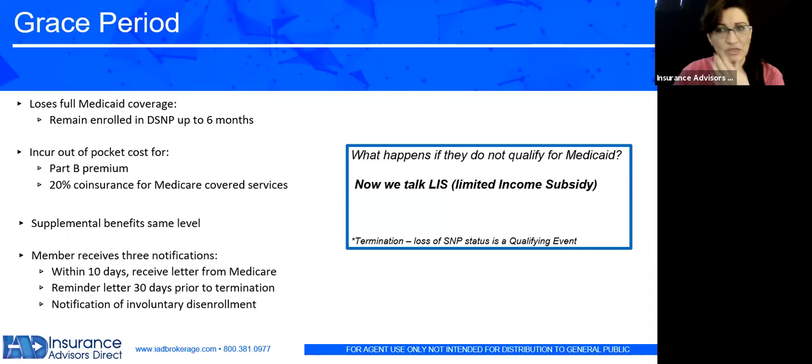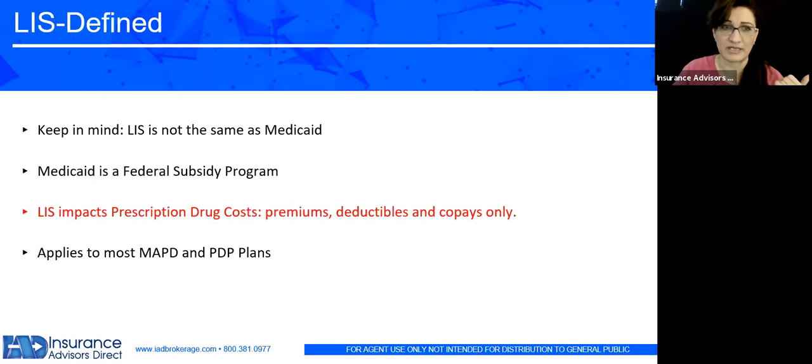So what happens if they don't qualify for Medicaid? Maybe they're like $4 over the limit, which happens. Really briefly, at that level they can possibly qualify for LIS, which is Limited Income Subsidy. Something to keep in mind, LIS is not Medicaid.